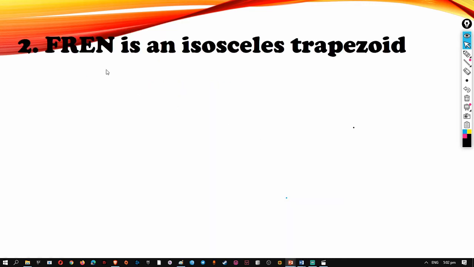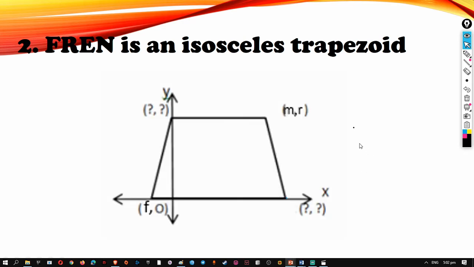Let's go to second. Friend is an isosceles trapezoid. Maganda na best friend. Okay, so heto ang itsura ng isosceles trapezoid. So, anong gagawin natin? Okay, so, analyze din natin. So, ang hinahanap ay ito. Yan. So, hanapin natin ang mga available.